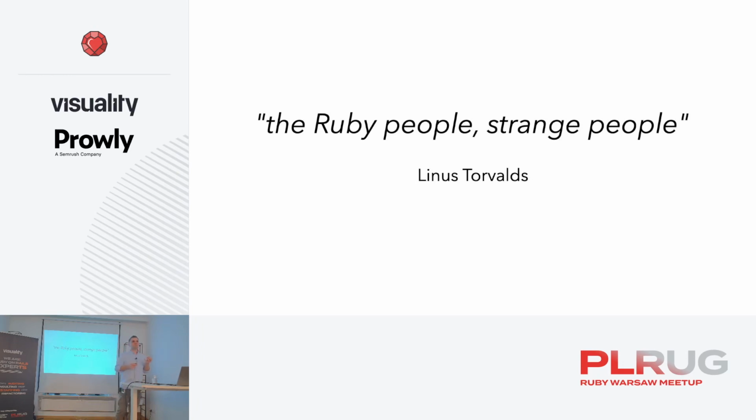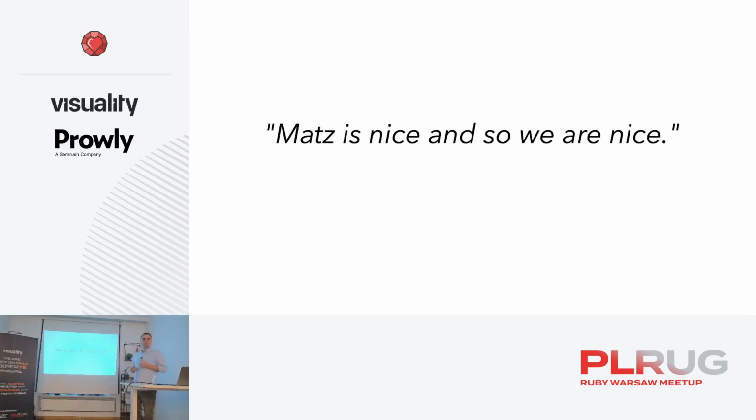It was mainly about the people. People who share their passion. People who are friendly. People who motivate each other. And people who are nice to each other. And I'm very happy that I'm here today and we can all celebrate our passion for Ruby here at Visuality Office. Thank you.